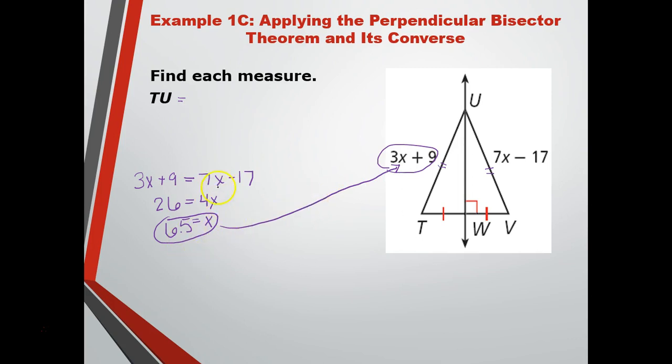So, plugging x back in, we can find that TU is equal to this right here. Do that calculation, TU is going to be equal to, my calculator tells me it is 28.5. And there we go. We found our solution.